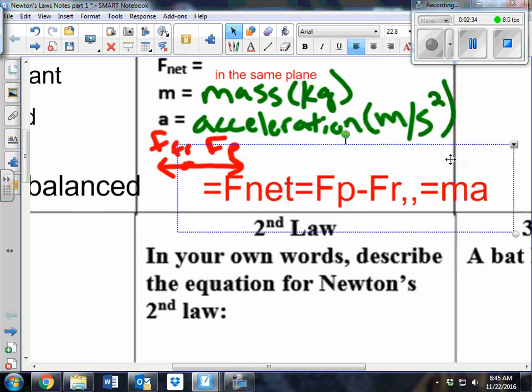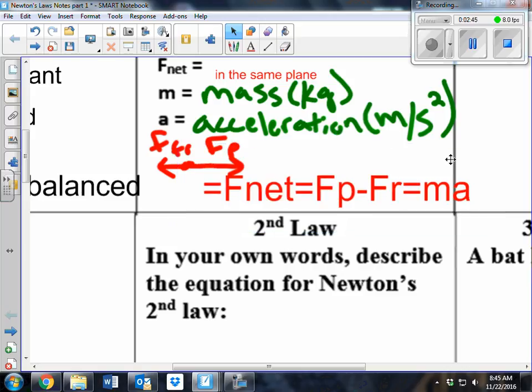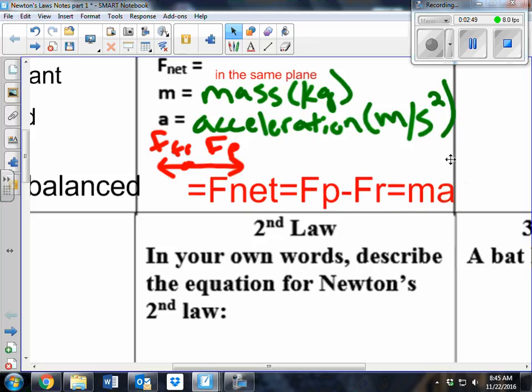So force net in this case would be my force of my push minus the force of the friction equals my mass times acceleration, which means if I have the force of the push and I have my mass and I have my acceleration, I can actually solve for my force of friction.